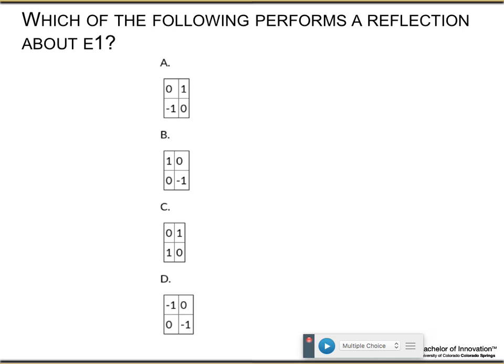So what used to look like this now looks like that. The first vector is now like that, 0, minus 1, and the second like that. So we flipped it over. That's a reflection around minus 1, 0, minus 1. That's not a reflection, it's a rotation.